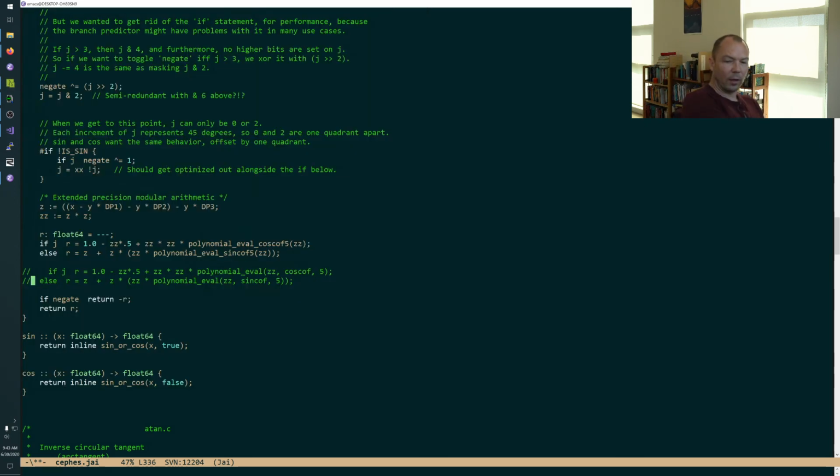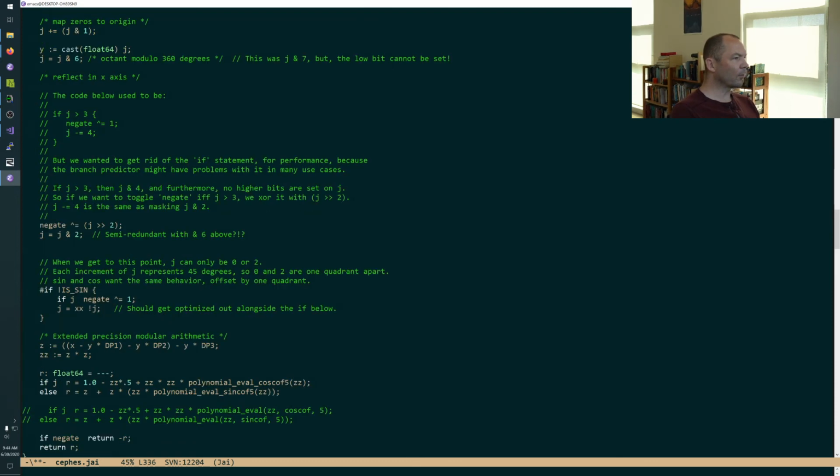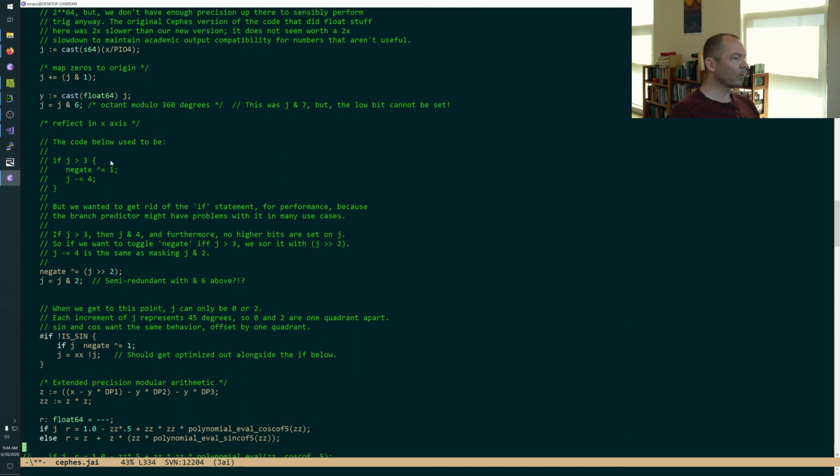You agree that it seems like the AND 6 is redundant? Yeah, except we would need an extra AND to pick out that bit, because the reason this works is because the high bits are 0.